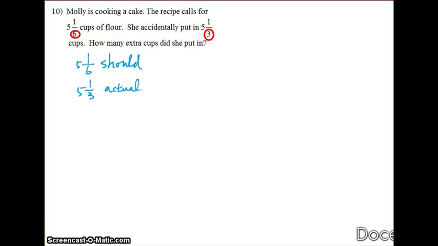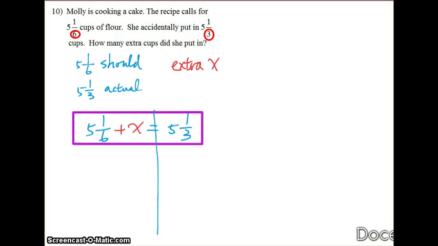Well, we should put in this much, but we know we added some more, so it's going to be plus some more. This is the extra. It's going to be x. And this will equal our final amount, which is 5 1/3. Okay, the same thing. Setting up the equation is the most important part. This is going to be the most difficult part.